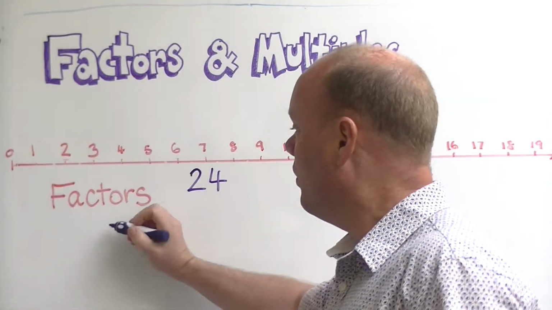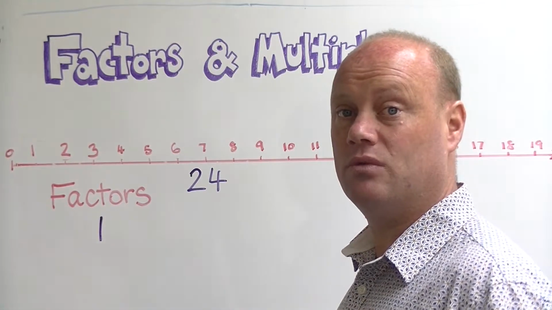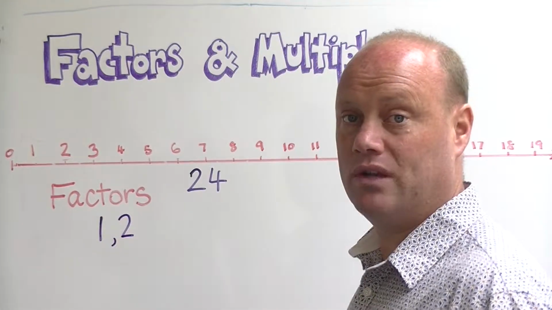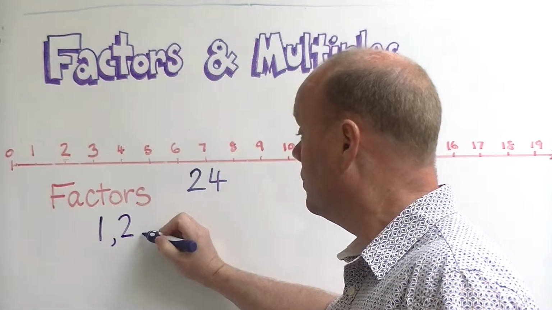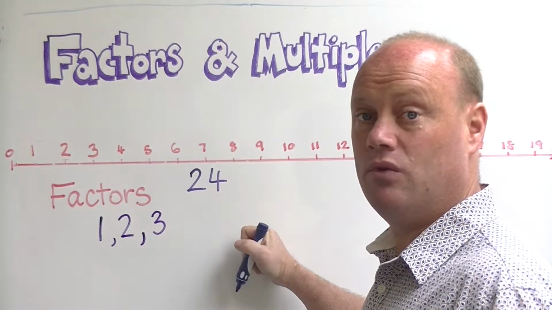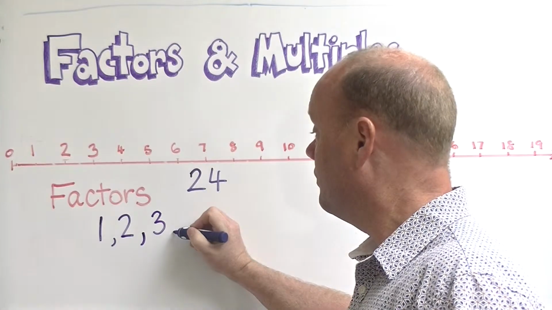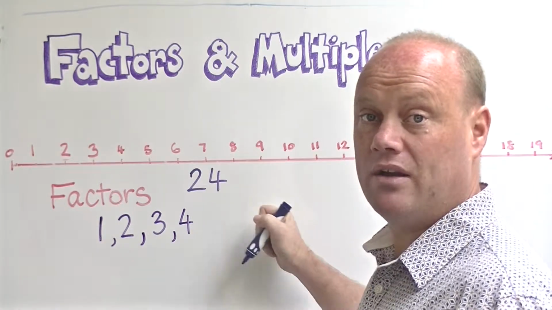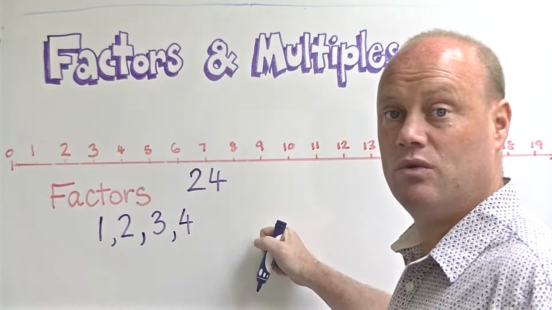I know that 1 goes into 24 because 1 times 24 is 24. 2 is also a factor of 24 because 2 times 12 is 24. I know that 3 is also a factor because 3 multiplied by 8 is 24. I also know that 4 is a factor of 24 because 4 multiplied by 6 is 24.